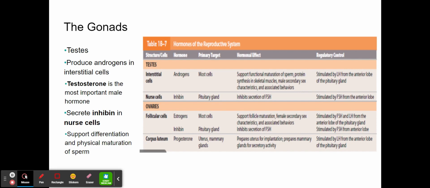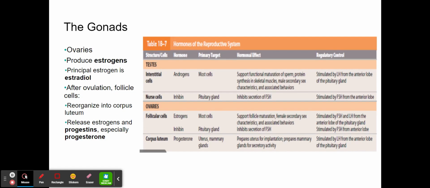In females, steroid hormones called estrogens are produced in the ovaries under FSH and LH stimulation. Estradiol is the main estrogen. Circulating FSH stimulates the secretion of inhibin by ovary cells, and inhibin suppresses FSH release through a feedback mechanism comparable to that in males.